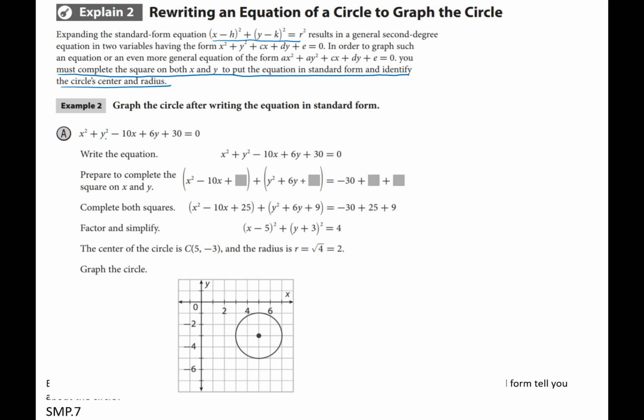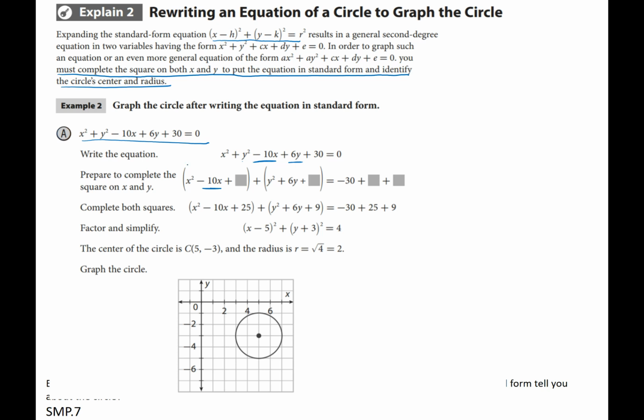So the first thing that they did here, they gave us this equation, and they just rewrote the equation. Then what they did is they rearranged the x's to be together and the y's to be together. So we're going to take this and group it with the x, and we're going to take this piece and group it with the y, okay?